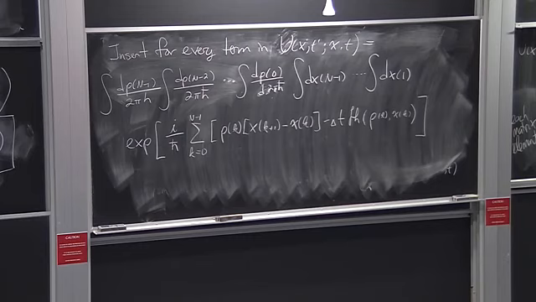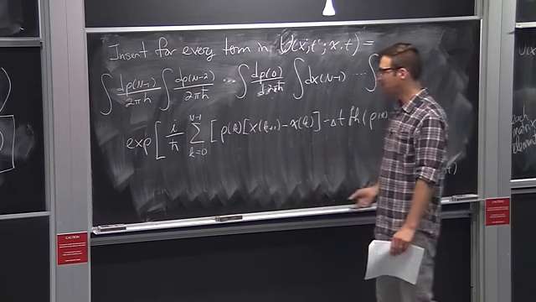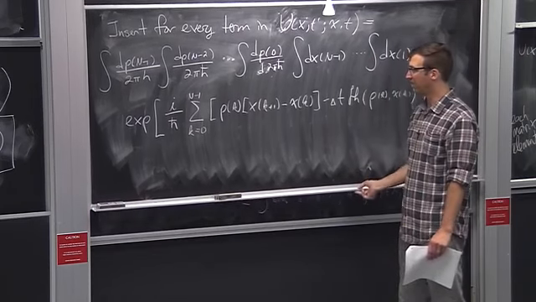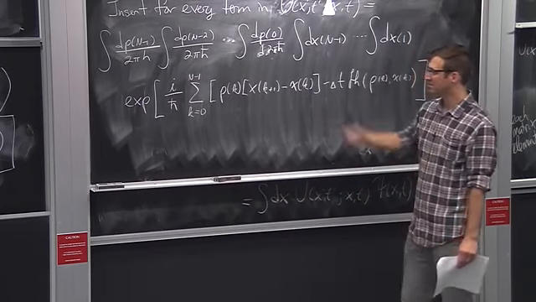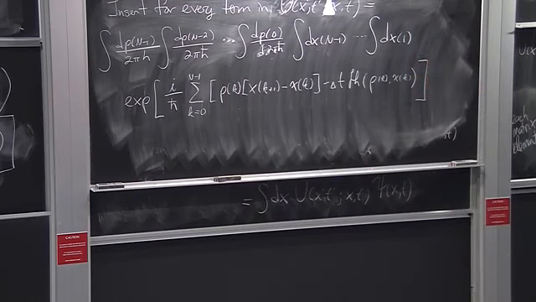Okay, so the final thing to do is to take essentially this delta t to be very small and write the sum as an integral. I've imagined inserting a discrete number of n resolutions of the identity here.